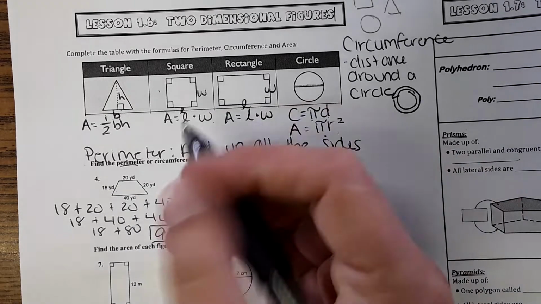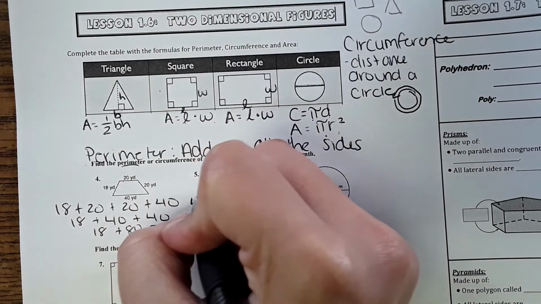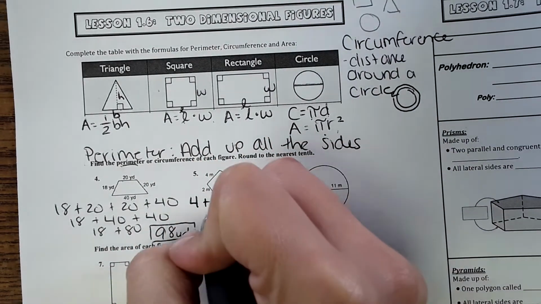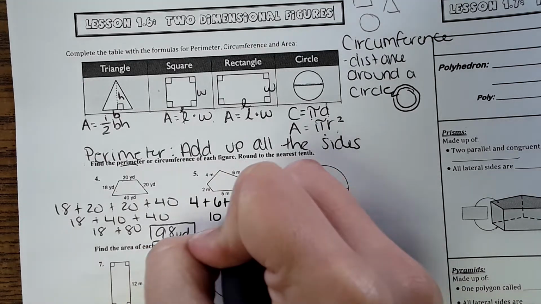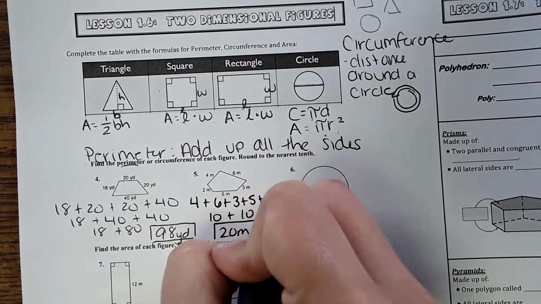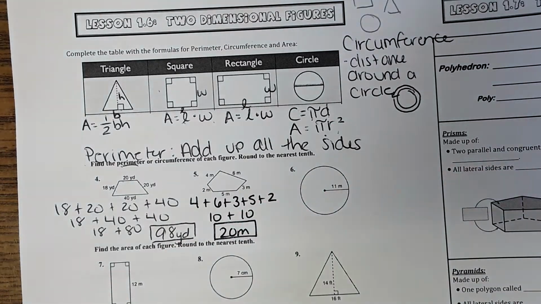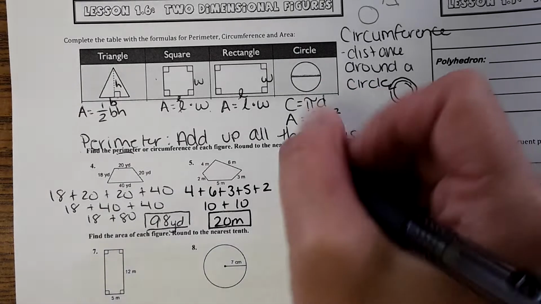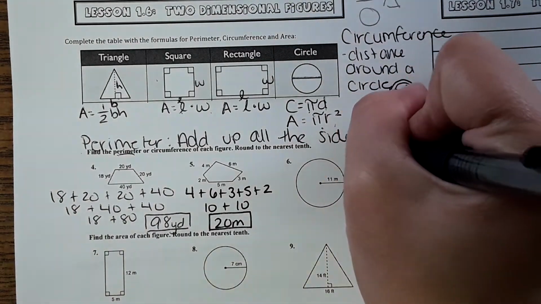Number 5, same idea, just adding up all the sides to find the perimeter. Then number 6, we're finding the circumference and see the potty.